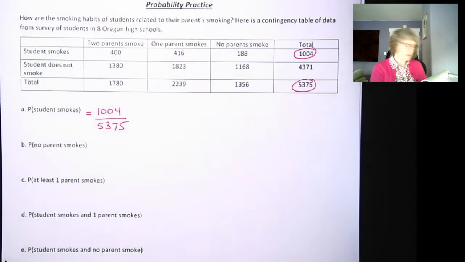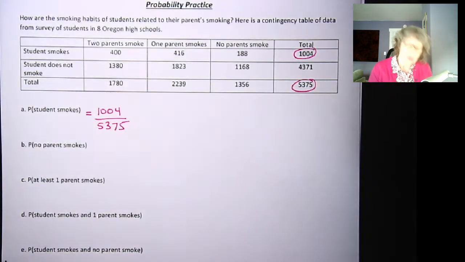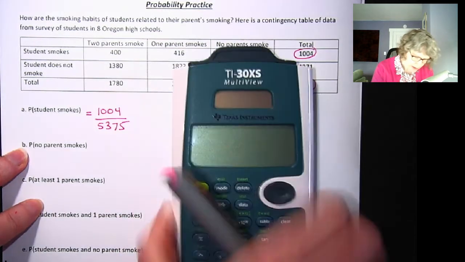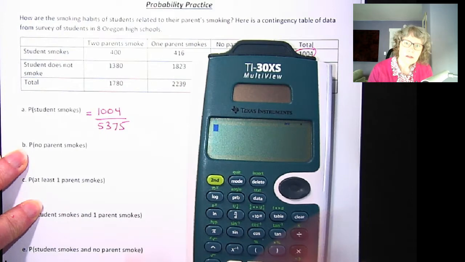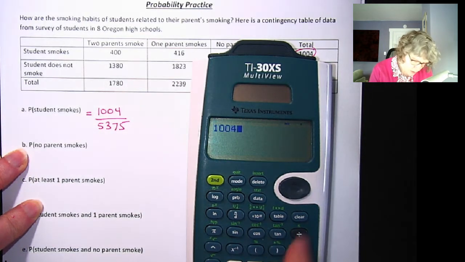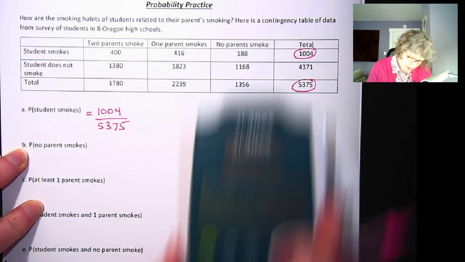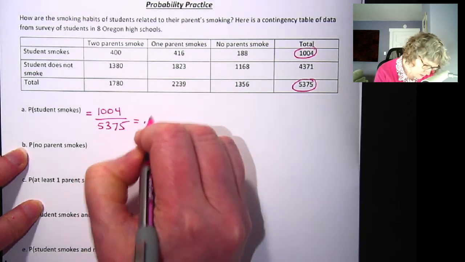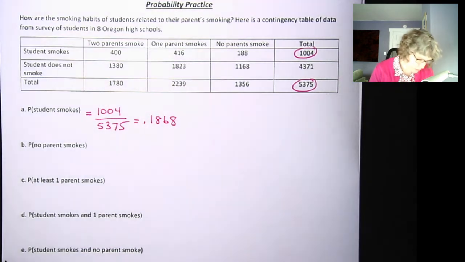Let's calculate this: 1004 divided by 5,375 is 0.1868. I'm just going to leave them as decimals.